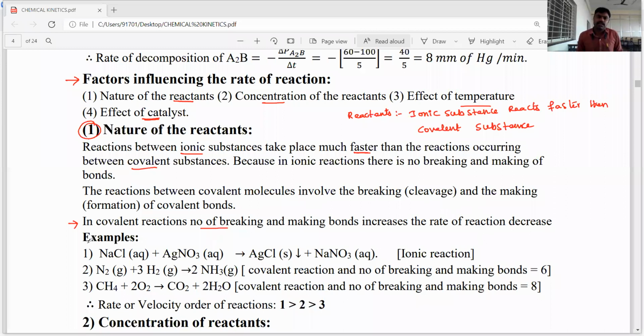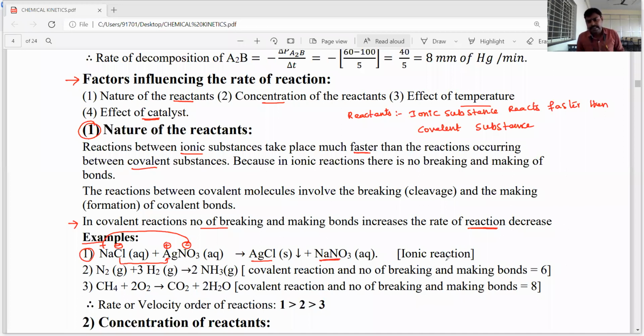For example, dear students, the first reaction: NaCl, Na plus and Cl minus, reacts with silver nitrate, Ag plus NO3 minus. The chloride ion, the negative ion, is attracted by the other molecule containing the Ag plus positive ion and forms silver chloride precipitate. And the Na plus ion is attracted to the other reactant's negative ion to form sodium nitrate.